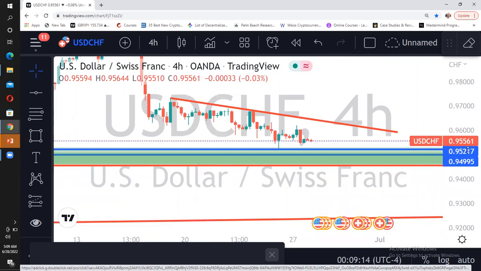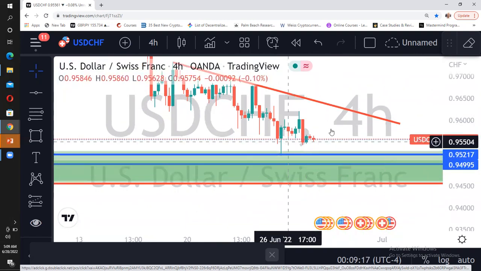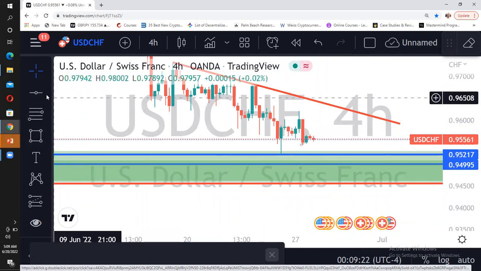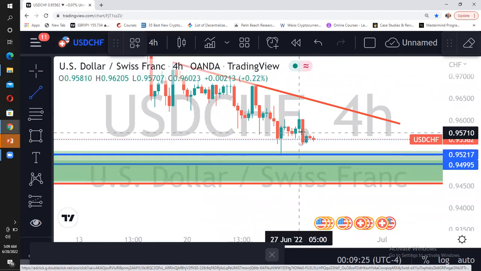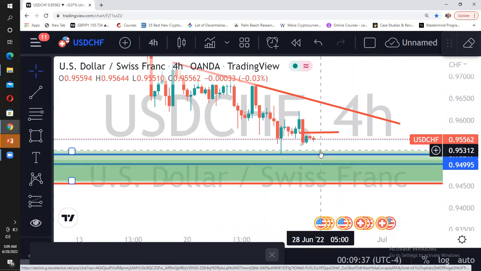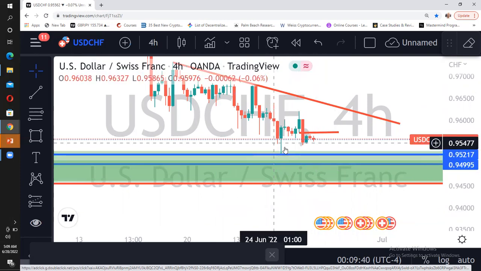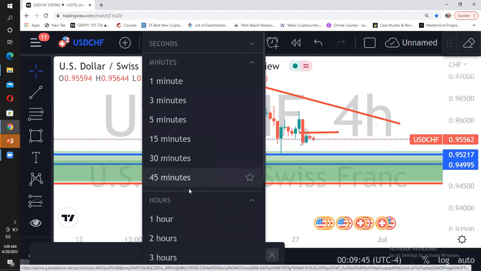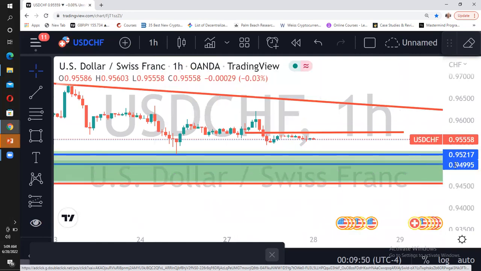Now, what are we looking at? We've seen this point here. So if I look up, well, this, go back down to 1 hour so you can see it clearly.